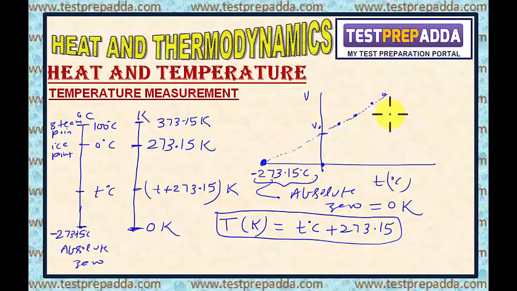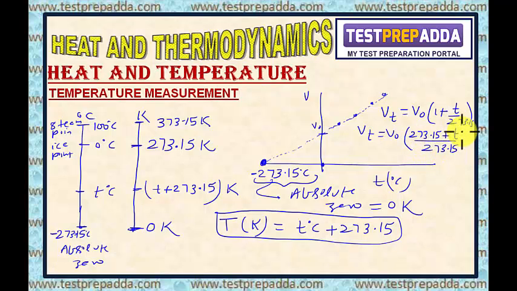Dear students, here we have written volume at T degrees Celsius is equal to volume at 0 degrees Celsius into 1 plus T upon 273.15. Here if I write this in this manner, 273.15 plus T upon 273.15, this 273.15 plus T is what?